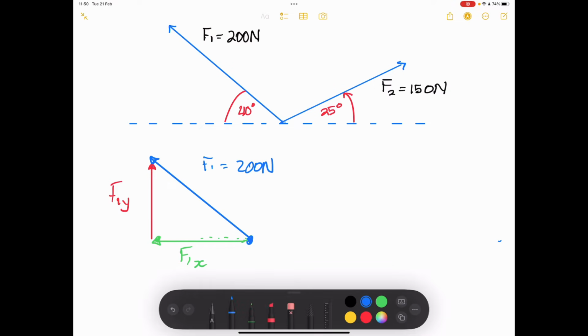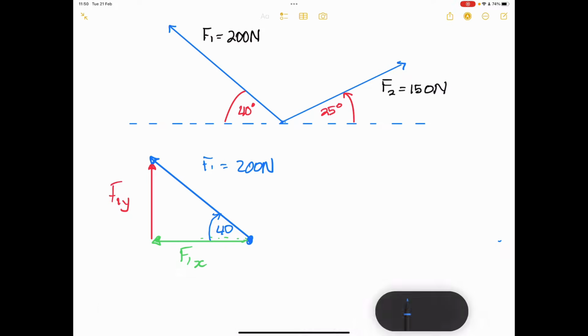But we know in this case that we said the angle of elevation was 40 degrees, right? So F1 is elevated 40 degrees in this case from the horizontal, right?